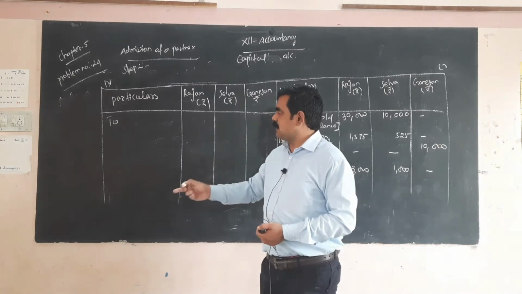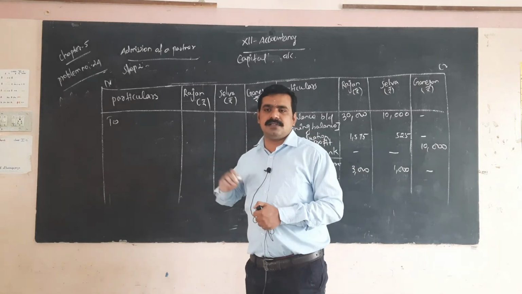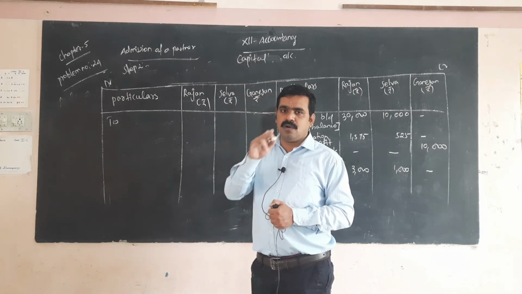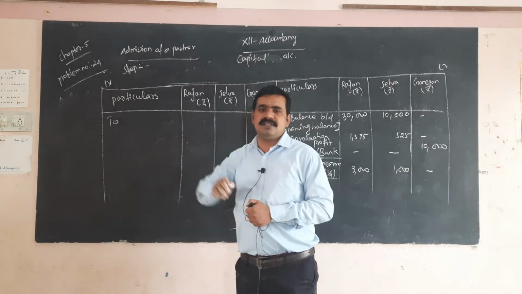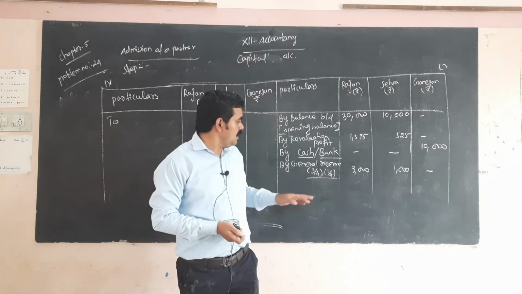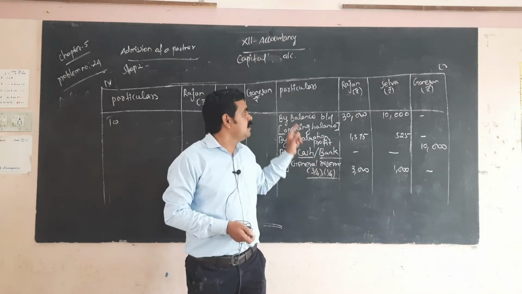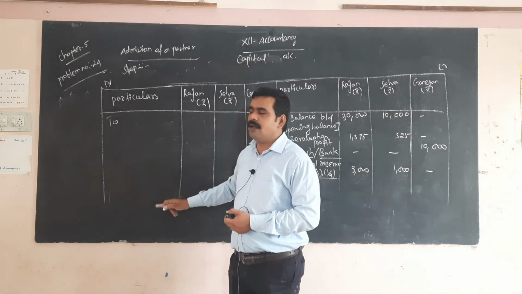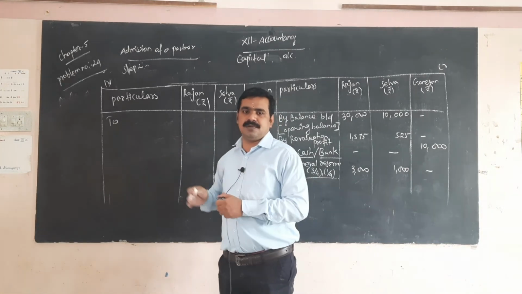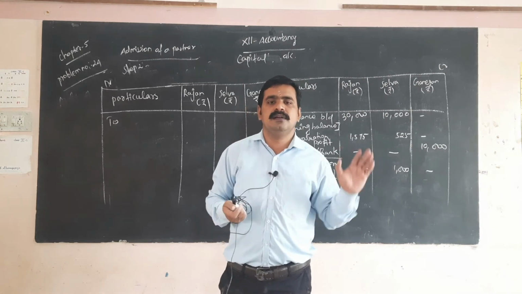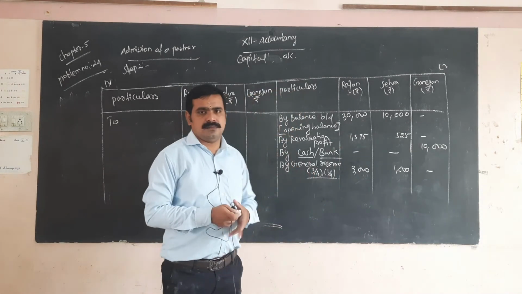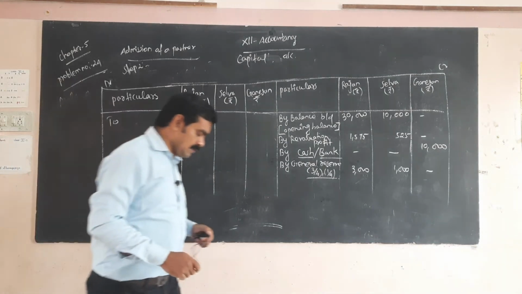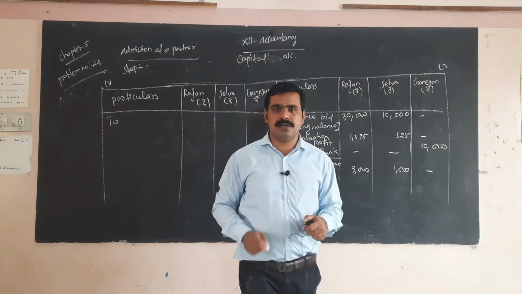And in case profit and loss account or general reserve comes under the asset side, that amount goes on the debit side. Do you understand? If general reserve is on the liability side, post it on the credit side of the capital account. If profit and loss account is on the asset side, post it on the debit side of the capital account. This is a very important thing when calculating the capital account. You got it?